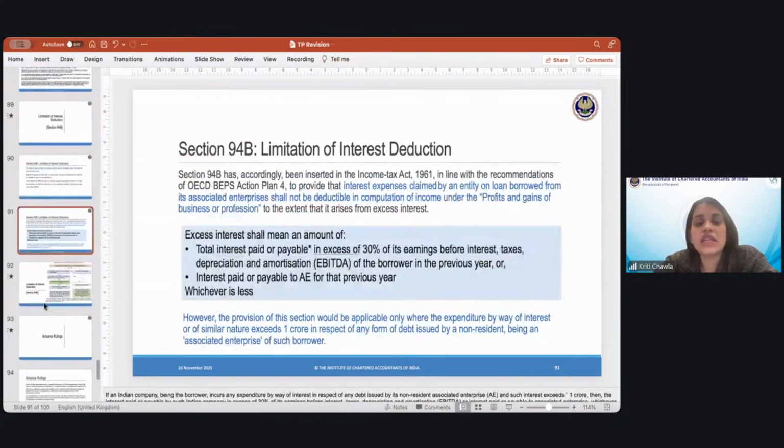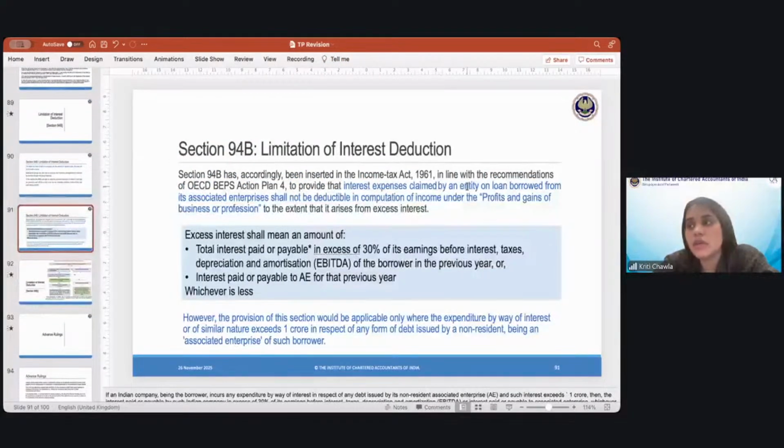Now, what is Section 94B? This is in line with OECD BEPS Action Plan 4, and it basically provides that the interest expense claimed by an entity, when it has borrowed a loan from its associated enterprise, will not exceed a particular threshold. That will be the maximum amount deductible when you are computing PGBP, profits or income.